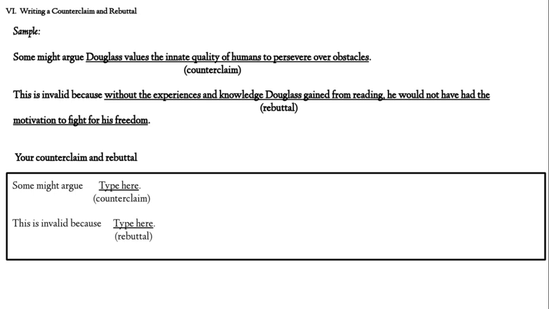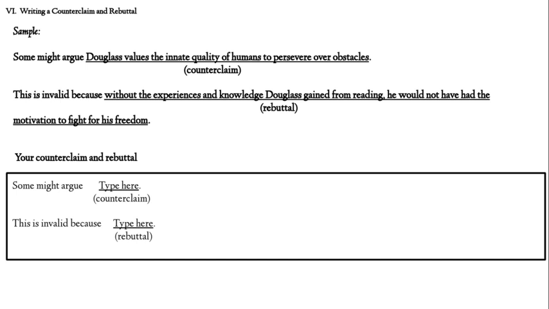And just as we did with writing a more precise claim, if you look at part 6, for example, my example of the counterclaim more precisely would state, some might argue that Douglas values the innate quality of humans to persevere over obstacles. And then my rebuttal is, this is invalid.